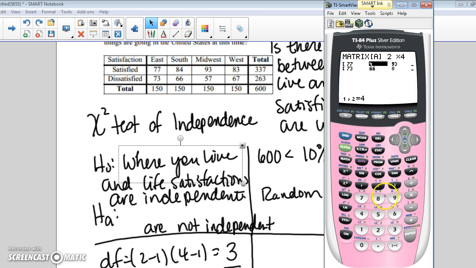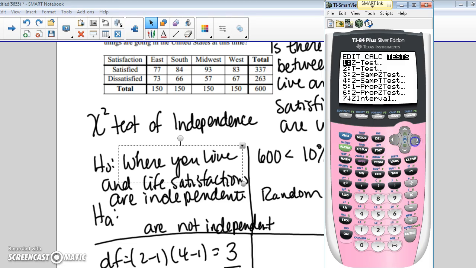Go up there and fix that 4 to an 84. 57. And 67. Okay. Hit quit.